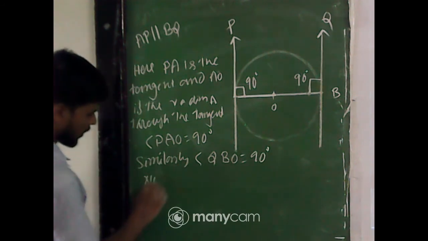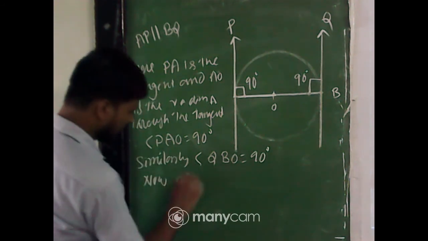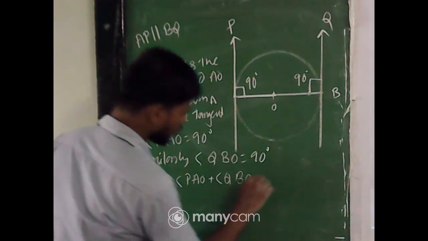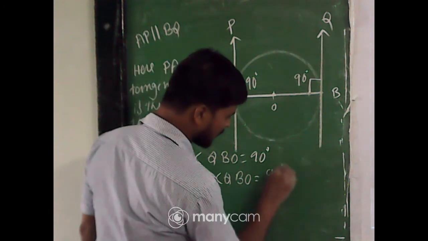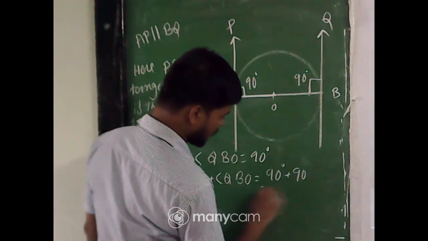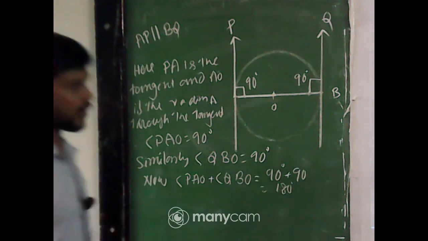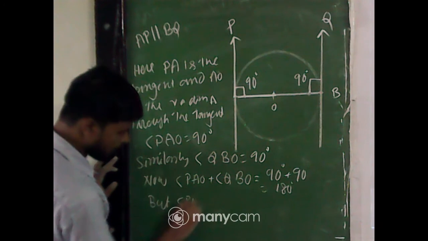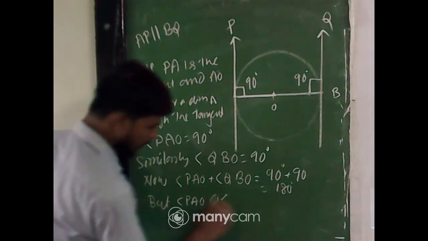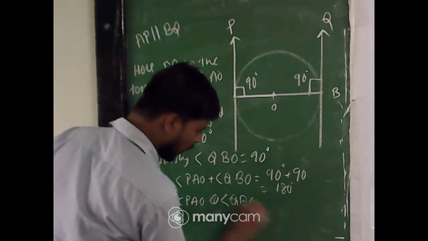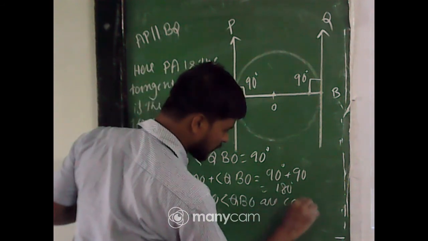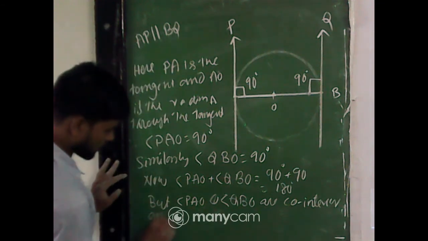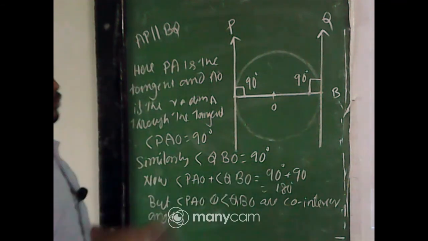Now just add these two angles, angle PAO plus angle QBO, which is equal to 90 degrees plus 90 degrees, that is 180 degrees. But angle PAO and angle QBO are co-interior angles, and their sum is equal to 180 degrees.